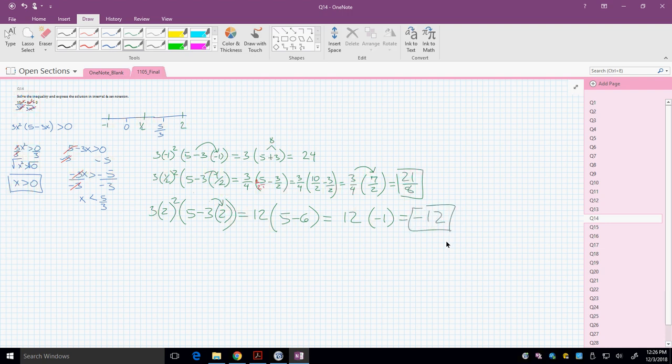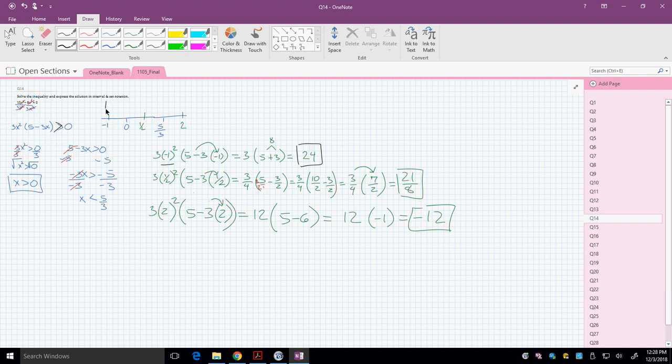So what we're really looking for is to find here in the graph. When we substitute -1 in our equation, we got 24, which is a positive number, and that's what we're looking for. We're looking for the inequality to be greater than 0.